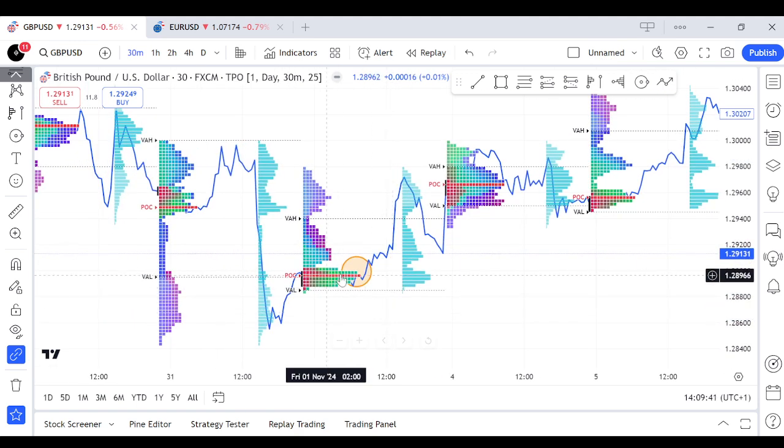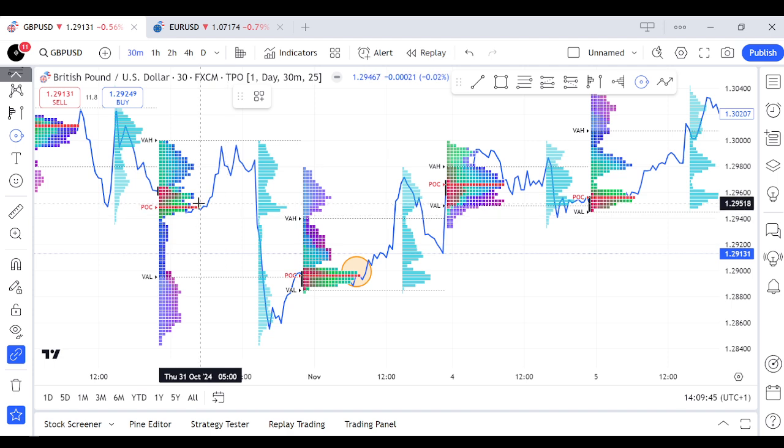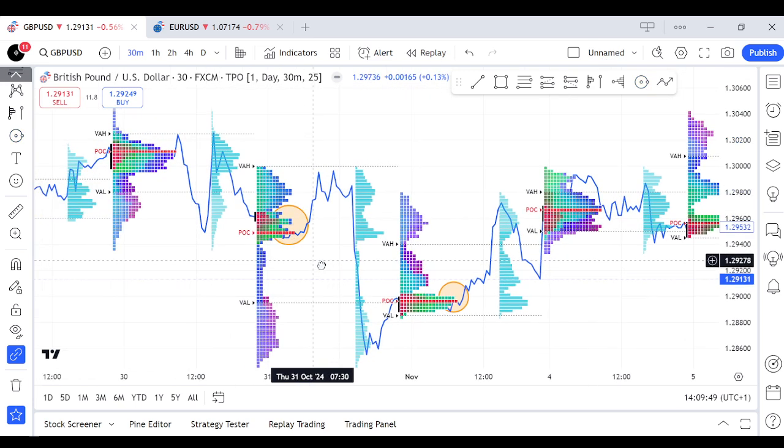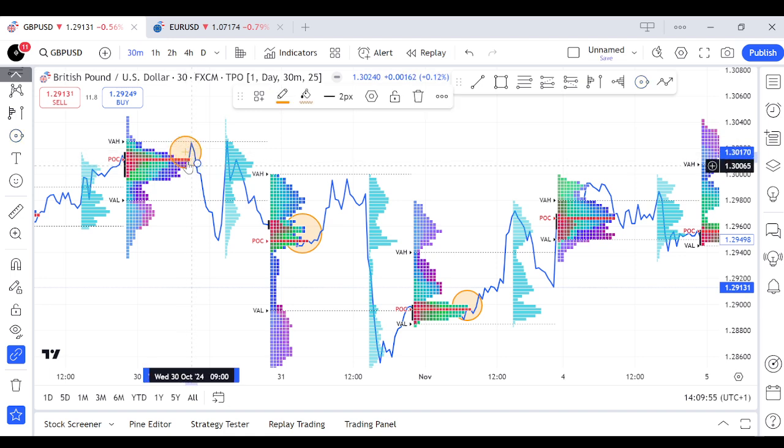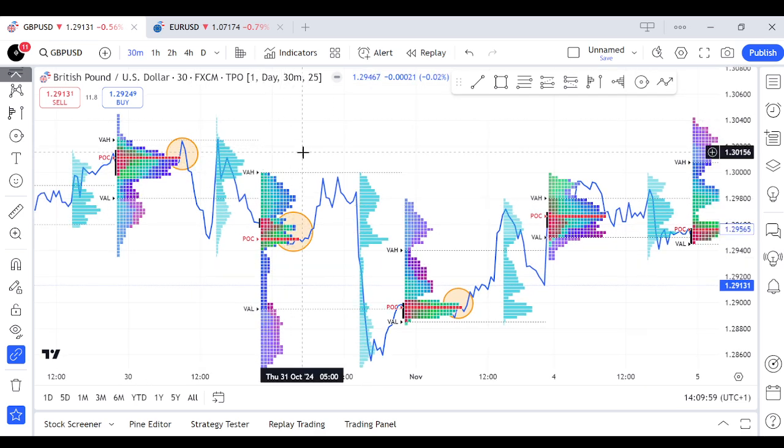Price using that point of control as a support level for price to move to the upside. You see this one here. Price using the point of control as a resistance level for this downtrend right here.